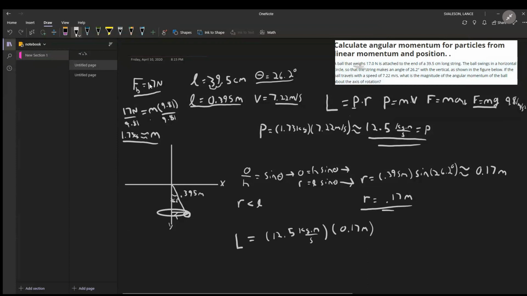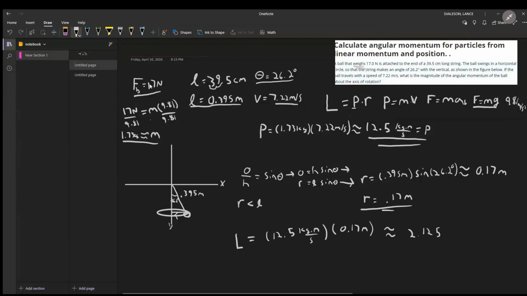Run that through the calculator real quick, and let's see what we get. 0.17 times 12.5 is 2.125.